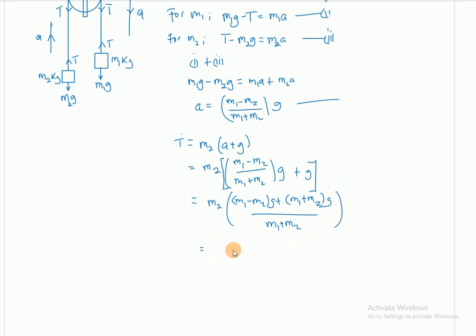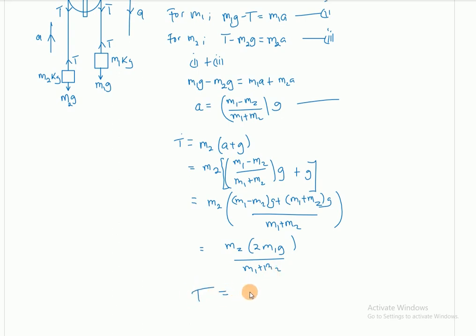When you work out the numerator, we have negative m2g and positive m2g, and inside we are going to have 2m1g, so I have 2m1g divided by m1 plus m2.